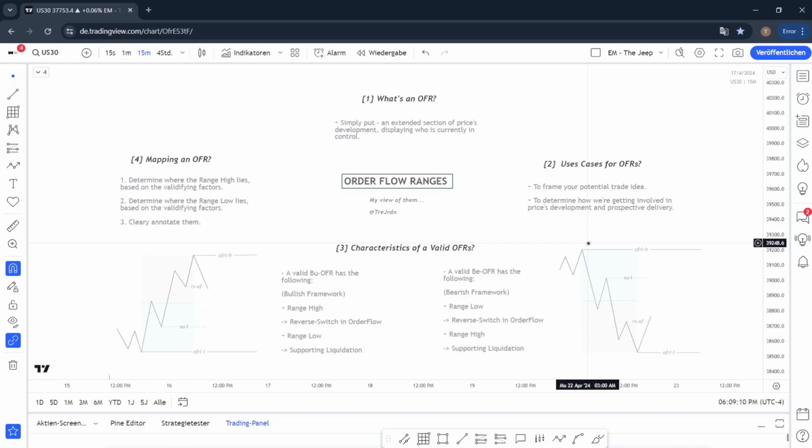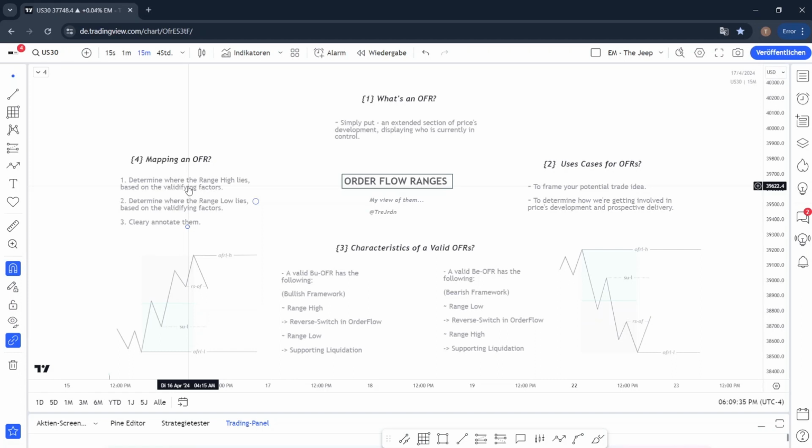Now, mapping them, simple as: determine where the range high lies based on the validifying factors, determine where the range low lies based on the validifying factors. They have factors, but in reality it's just one, to be honest. One of each: either the reverse switching order flow or the support and liquidation.